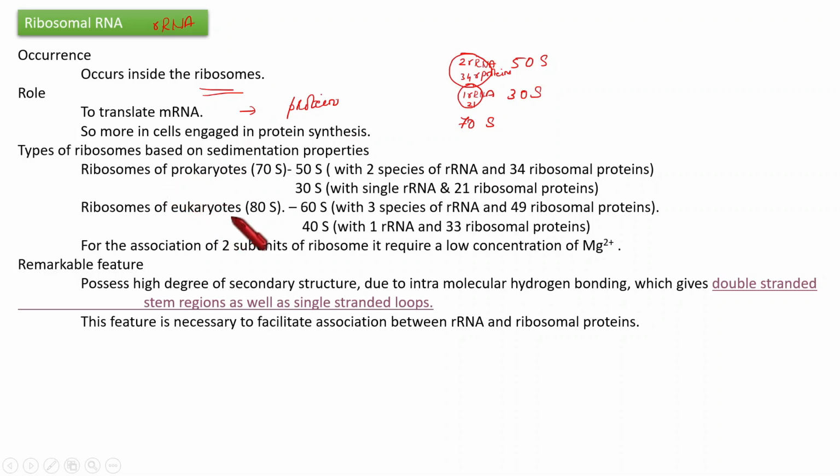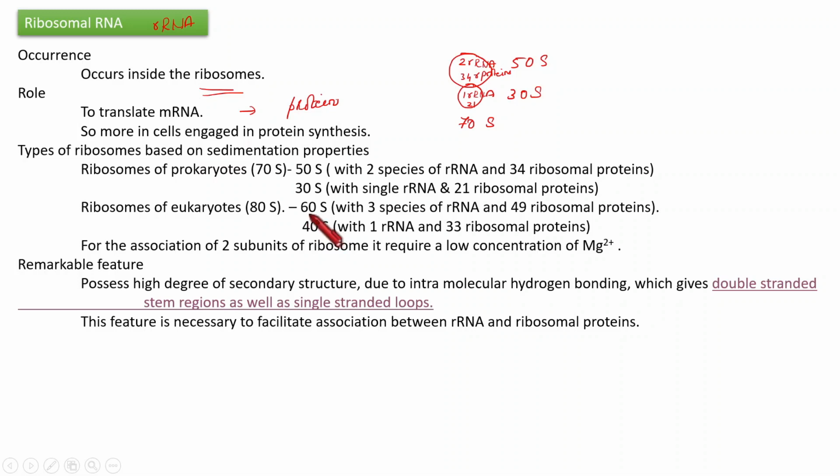Then what about the eukaryotic ribosome? Based on the sedimentation coefficient, the eukaryotic ribosome is called 80S, and it also possesses a 60S large subunit and a 40S small subunit.